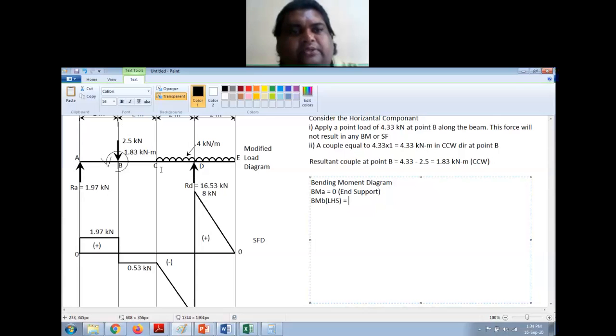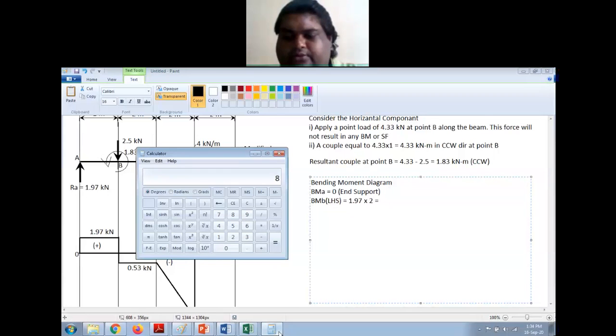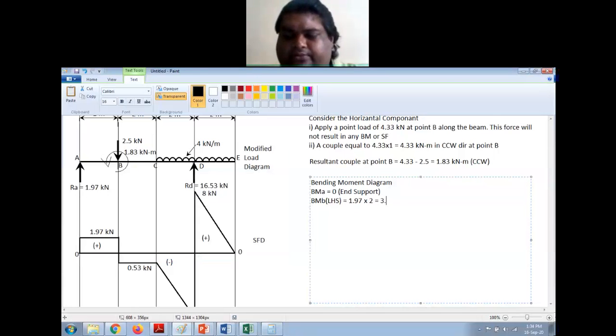This is making a clockwise moment about B. Left side clockwise is positive. So 1.97 into distance, which is 2 meters. So 1.97 into 2 is 3.94 kilonewton meter.